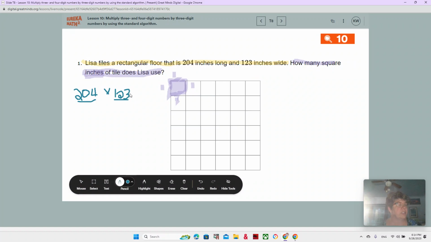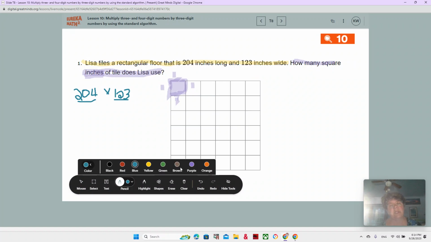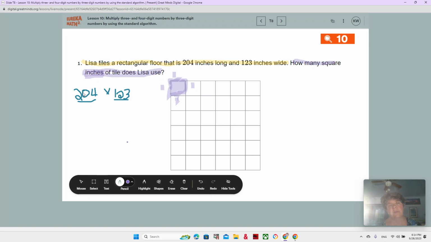About how many square inches of tile? Let's make an estimate so that we can make sure that our answer is going to be correct when we have it. So 204, we can round that to 200, right? We don't even have anything in the tens place. We have a 0, so definitely closer to 200. 123, also closer to 100 because we only have 23, right?